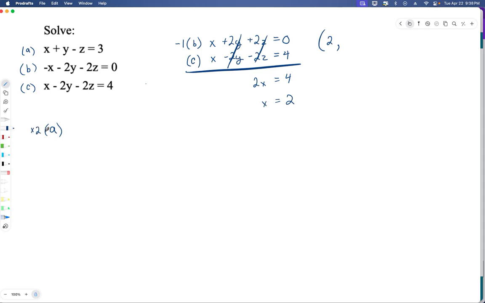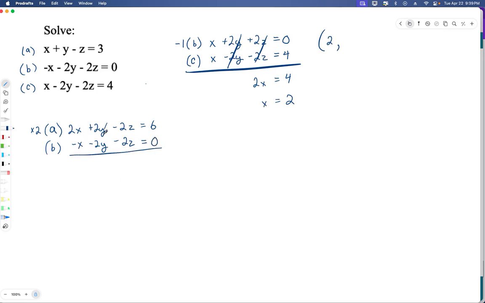So times 2, A: it's 2x plus 2y minus 2z equals 6. And I am going to use B the way that it is. So I've got negative x minus 2y minus 2z is equal to 0.